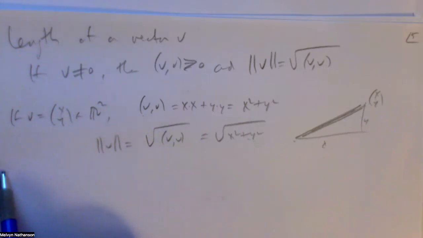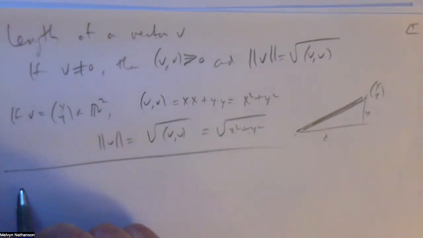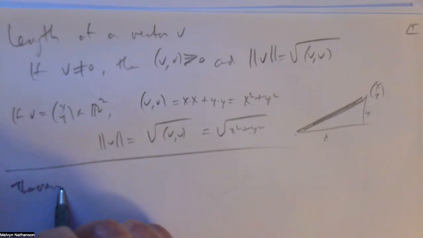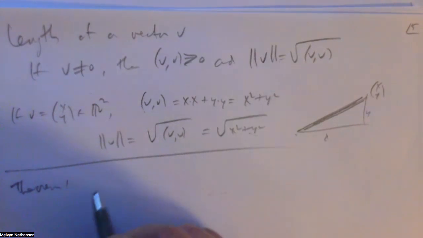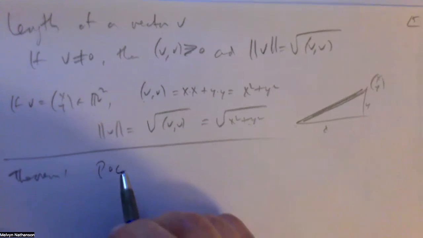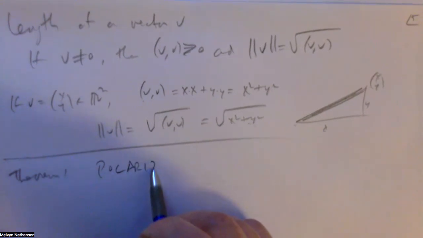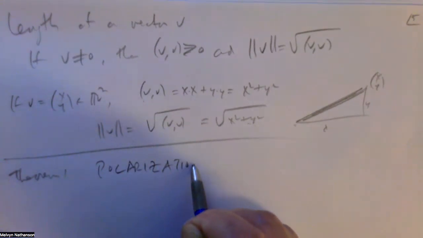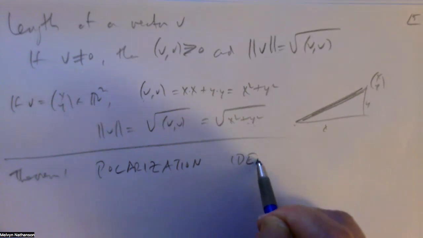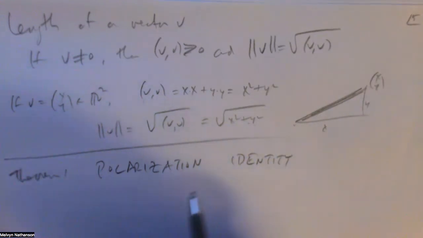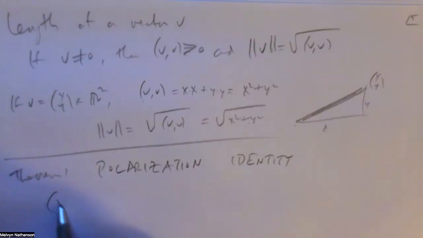So this is Theorem 1. It's something called the polarization identity. It says the following: if you have a real inner product space, the inner product of x1 and x2 can be expressed in terms of the length of vectors.